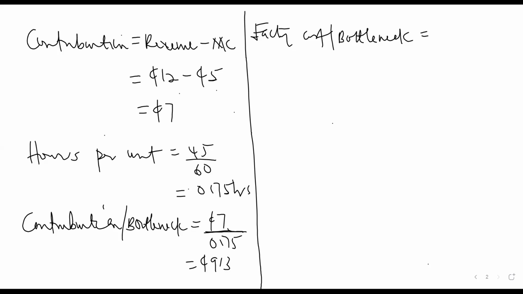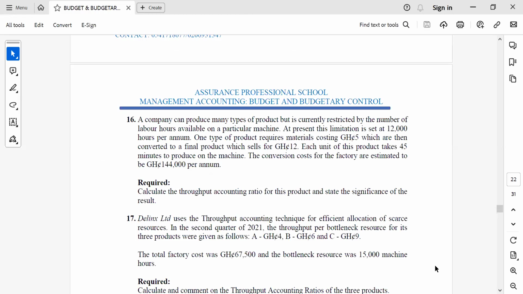Let's go to the question. So what is the factory cost? What is the total factory cost given to us? The conversion cost for the factory is what? 144,000. How many hours are we incurring this cost for? 12,000 hours.